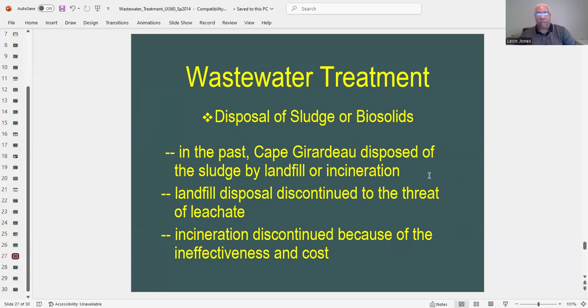Now, in the past, Cape Girardeau disposed of the sludge by landfill or incineration. Landfill disposal was discontinued due to the threat of the leachate. Incineration was discontinued because of the ineffectiveness and cost.